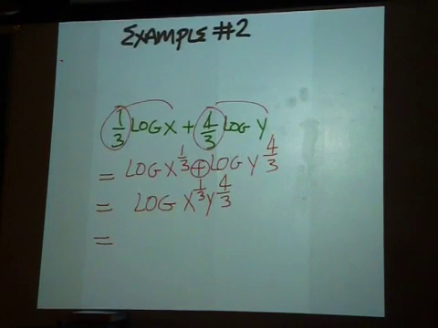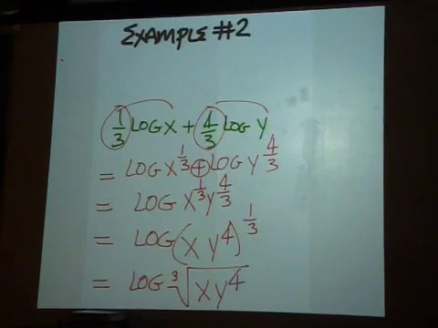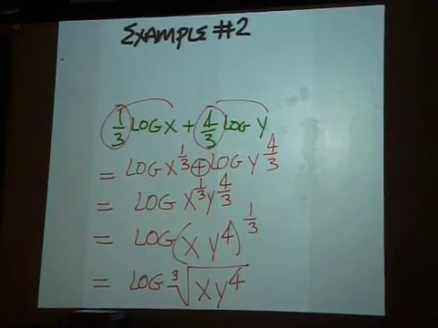Since we have the same denominator on each of the exponents, we can divide both of those by 1/3. And when we do that, we're left with x to the 1st, y to the 4th. And then, since we have a power of 1/3, we now have the cube root of x, y to the 4th for our final answer.